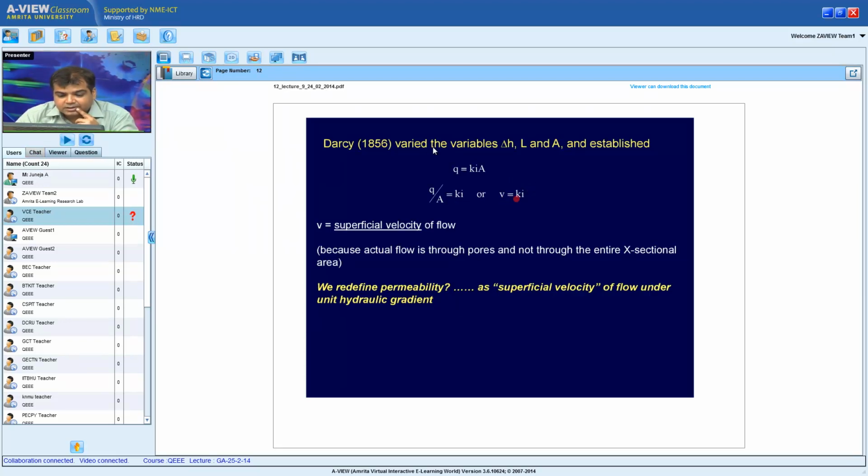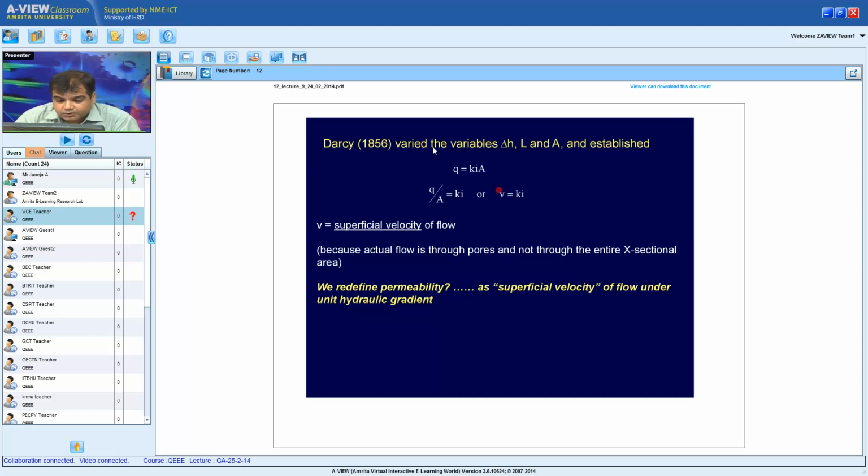So in other words, can I say K, the coefficient of permeability, can be defined as the velocity? Over here this velocity is the superficial velocity. So can I define permeability as superficial velocity per unit hydraulic gradient? Why do we call this superficial velocity and not velocity?